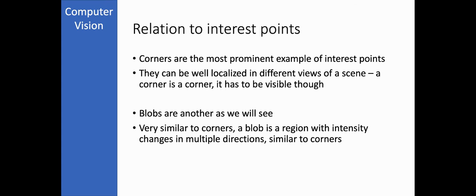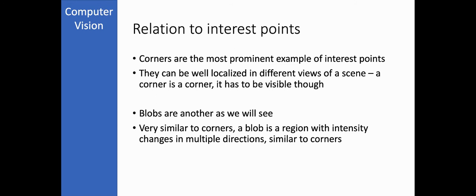So that's quite nice. Similar to corners, there's another concept that we'll see, but basically the same discussion applies, which are the blobs. Very similar to corners, a blob is a region with intensity changes in all directions. So they end up being very prominent examples of interest points as well. But we'll study that in a second.